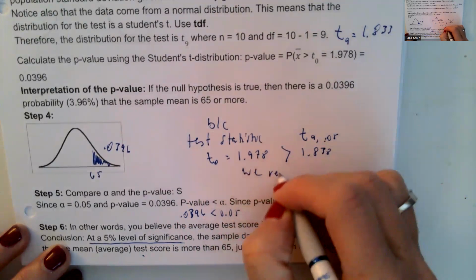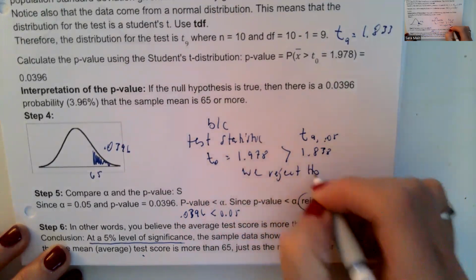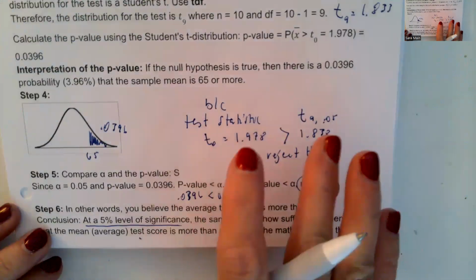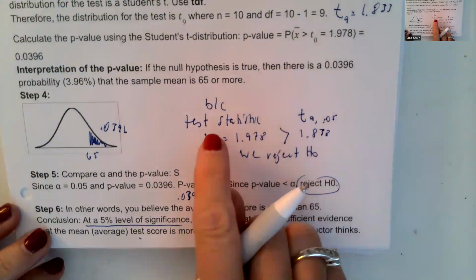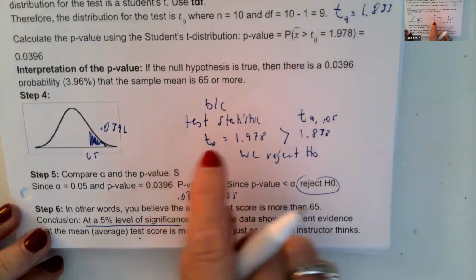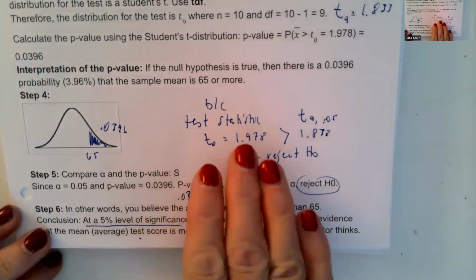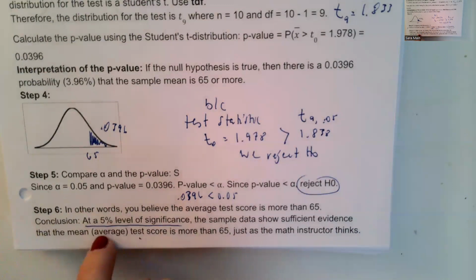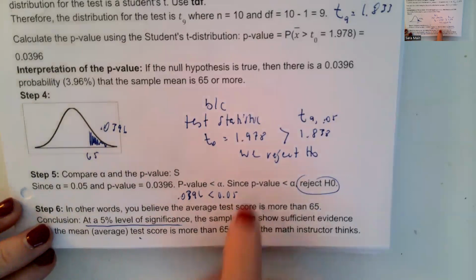We reject H0. So it doesn't matter if you use the p-value or the critical t-value versus your test statistic and look at the rejection zone. Both will give you the same result. They will never go against each other. Using the program that I had you save in Desmos will give you the p-value, which is nice.